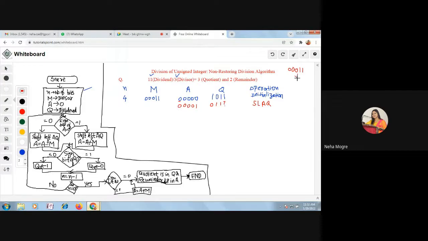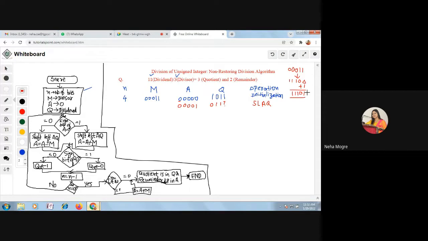Okay, 1's complement is 1 1 1 0 0, plus 1, which is 1 1 1 0 1.